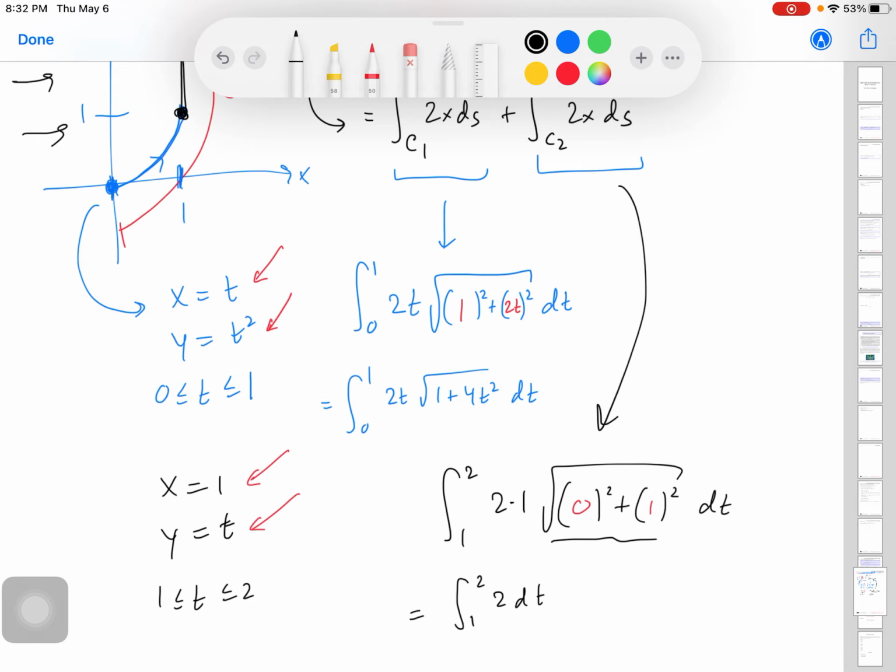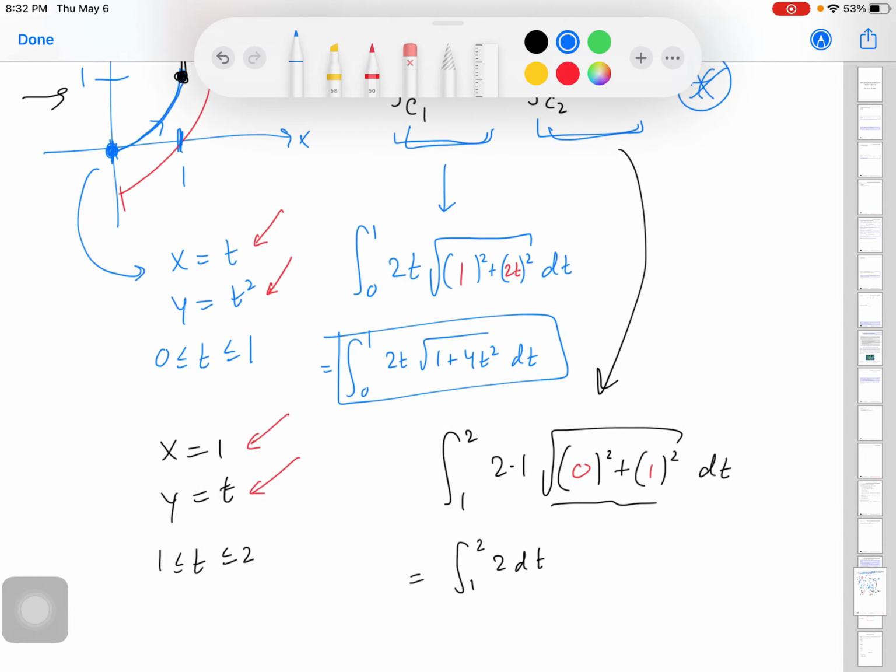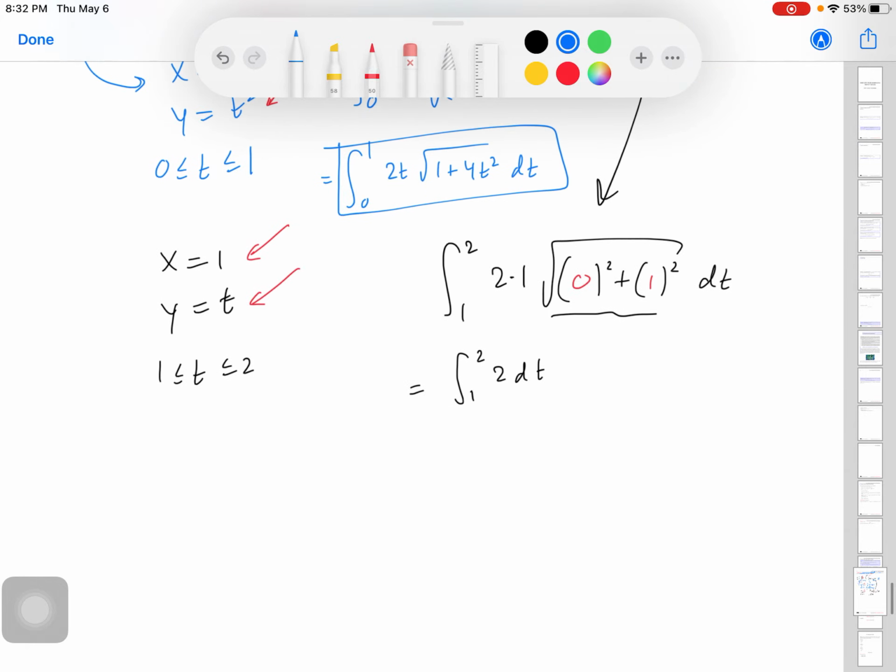Great. So I have now reduced my line integral to a sum of two integrals that I can do using single variable calculus techniques. Certainly this one yields 2t evaluated from 1 to 2, which gives us, let's see, not quite 4, it's 4 minus 2, so that gives us 2.